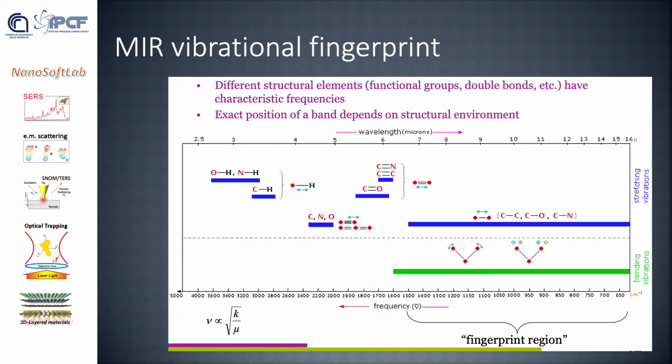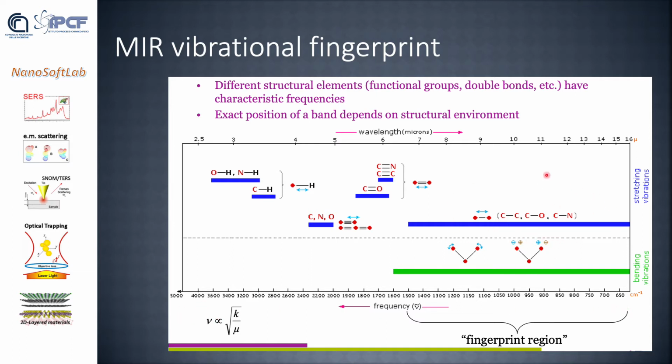The mid-infrared is by far the most important and interesting region. Here we have all the different structural elements in which the vibrations of the functional groups, double bond, single bond, triple bonds occur, and as we can see here we have a map from 650 to 4000 cm^-1.